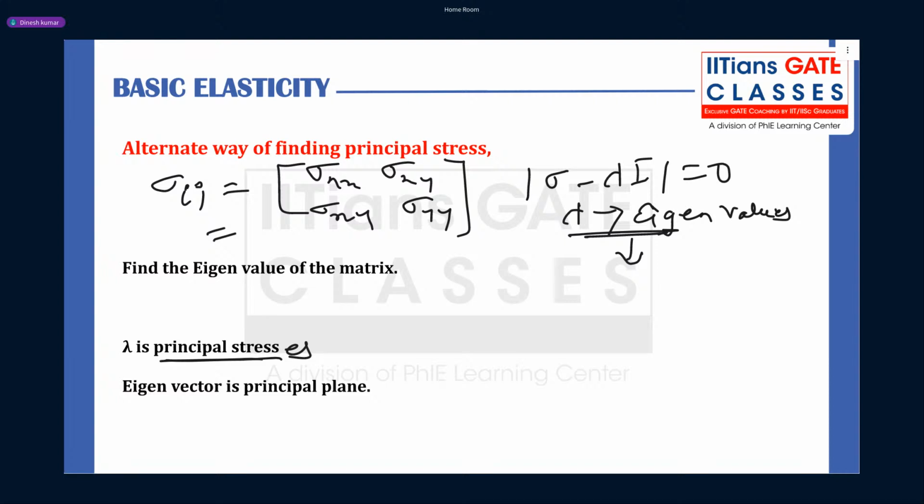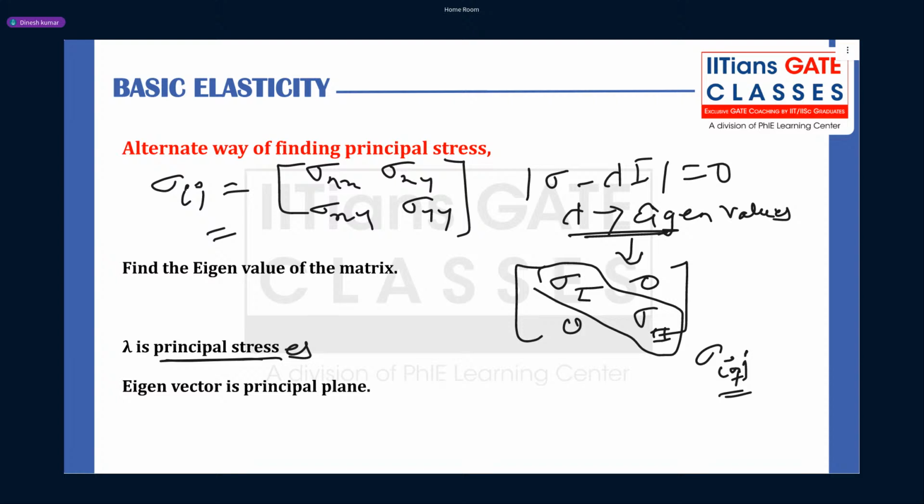Because in the eigen matrix, the i not equal to j terms are always zero. This is the property of the eigen matrix. So these will be your principal stresses.